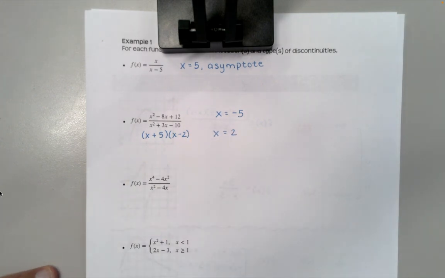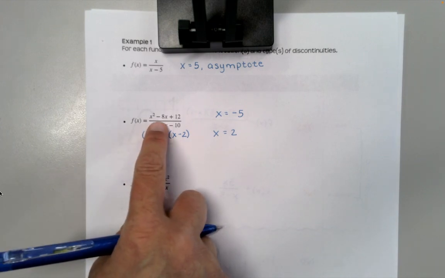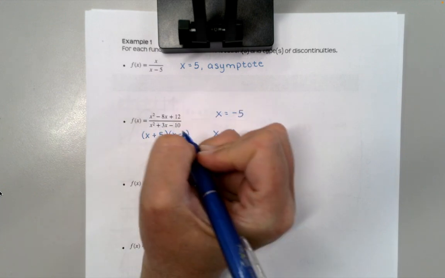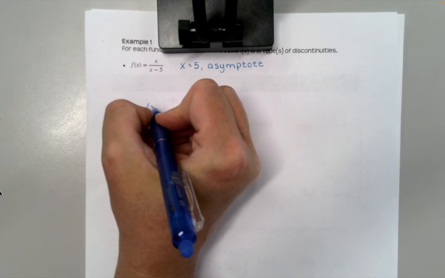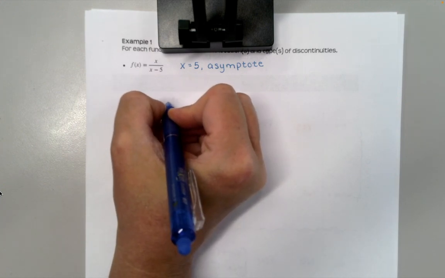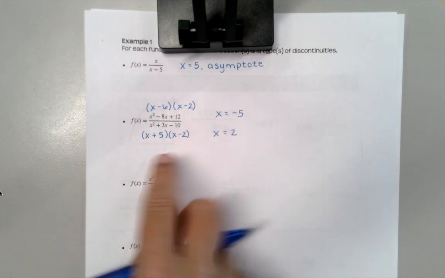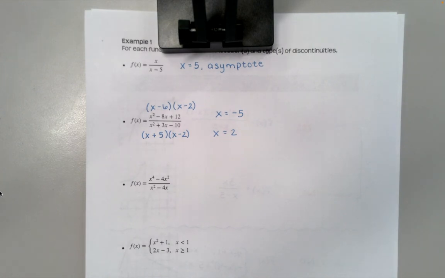I know that much, but I can't figure out what type they are until I look at what's happening up here on the top. On the top, I'm going to have to factor this too. And let's see, I think I'm using 6 and 2, so x minus 6, x minus 2, because that helps me know whether these discontinuities are removable or not.